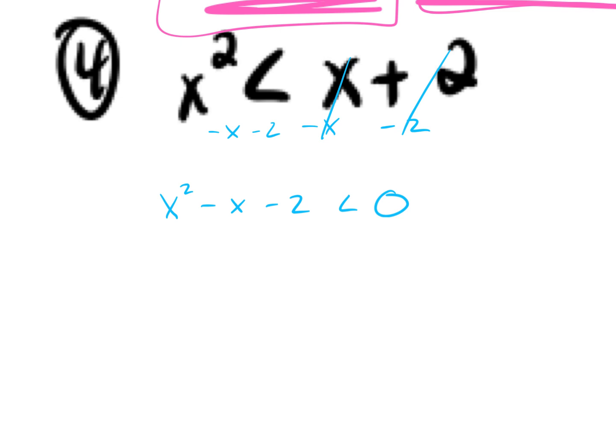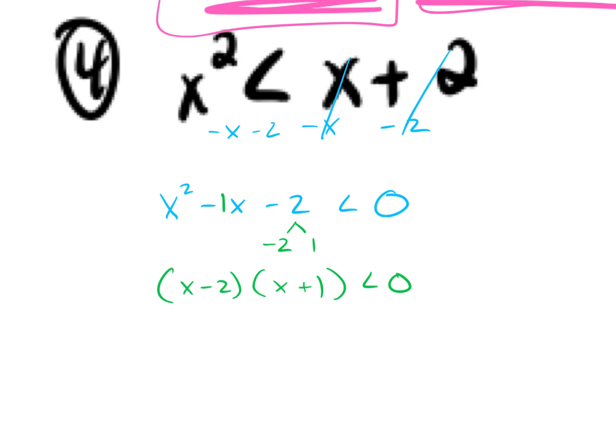Now let's factor. What are 2 factors of -2 that add to -1? -2 and 1. So this factors into x minus 2, and x plus 1 is less than 0.